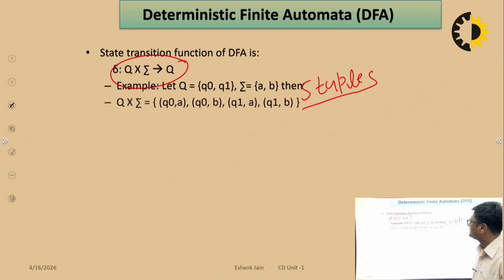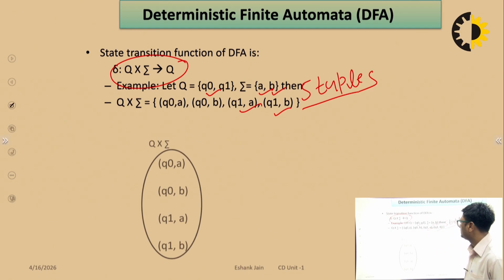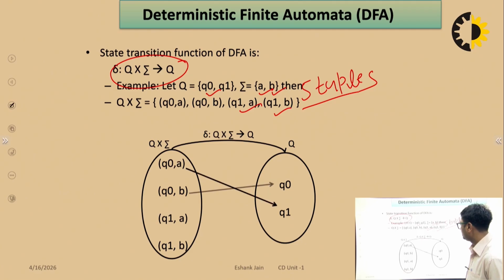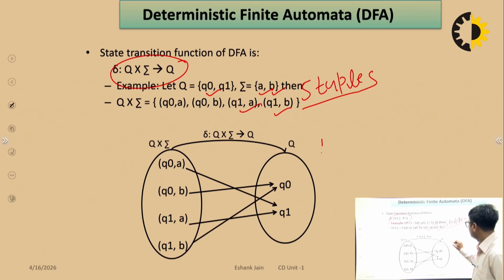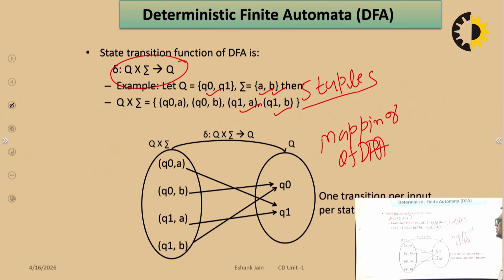It means we can see that at Q naught A, Q naught B, Q1 A, Q1 B, this is the mapping of DFA. One transition per input.